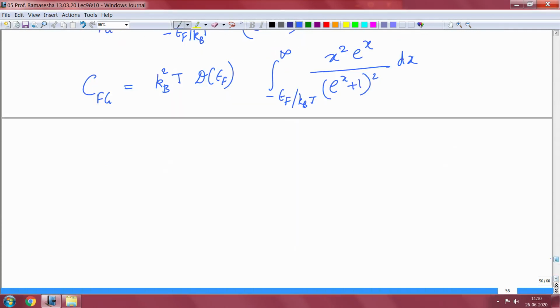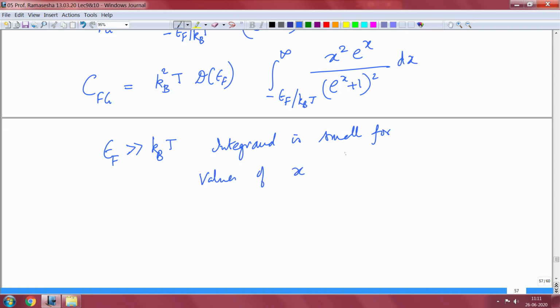Because EF is far larger than kBT, the integrand is small for values of x less than minus εF by kBT, because it goes as e to the minus εF by kBT, which keeps reducing as the value of minus εF by kBT becomes more and more negative.